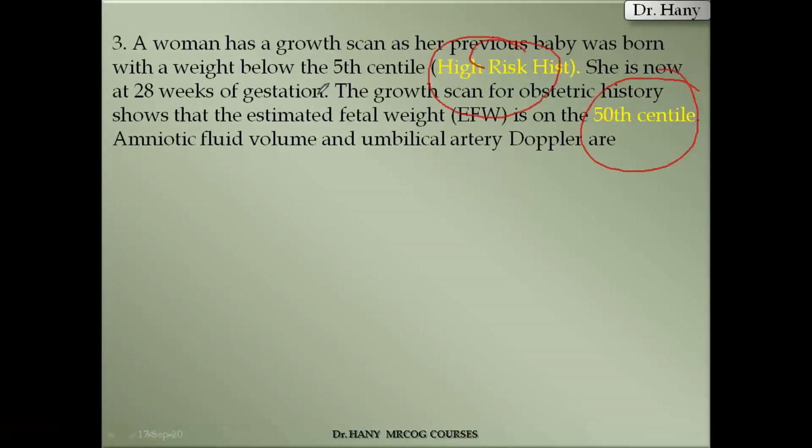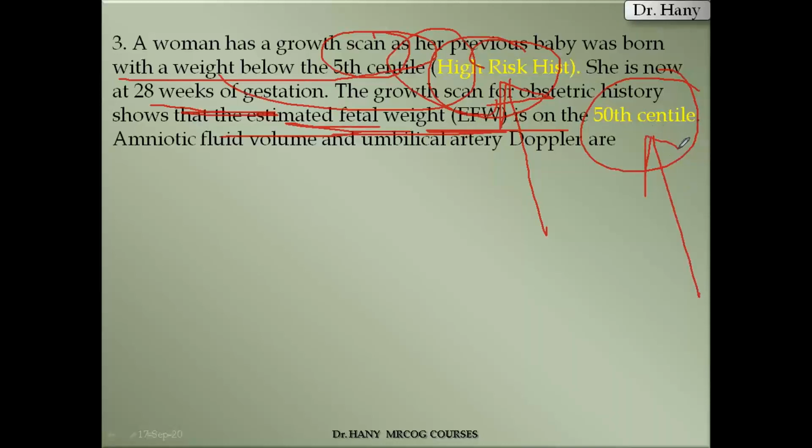A woman has a growth scan as her previous baby was born below the 5th centile. So this is a high risk history. She is now 28 weeks of gestation. The growth scan in the obstetric unit shows the estimated fetal weight. So now he is going evidence-based with me. The woman has a high risk history, but the growth scan came on the 15th centile.